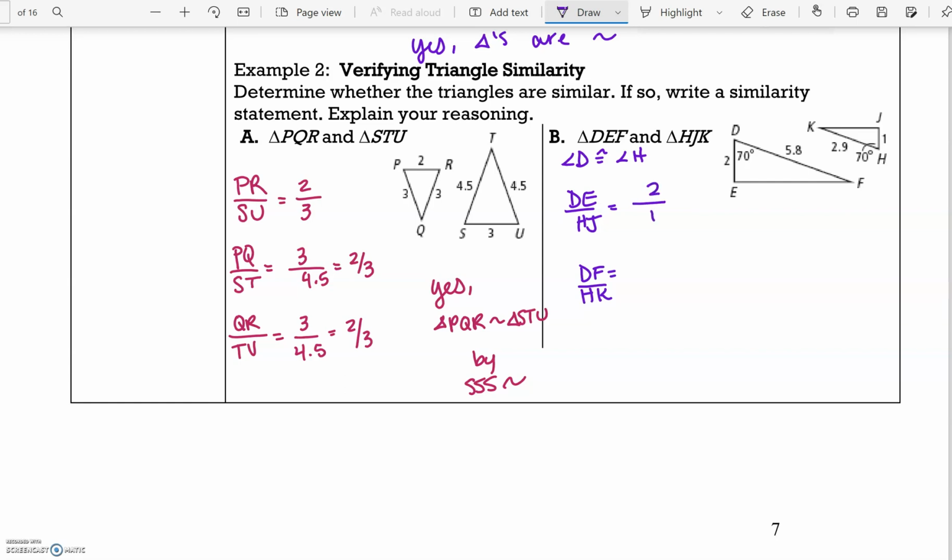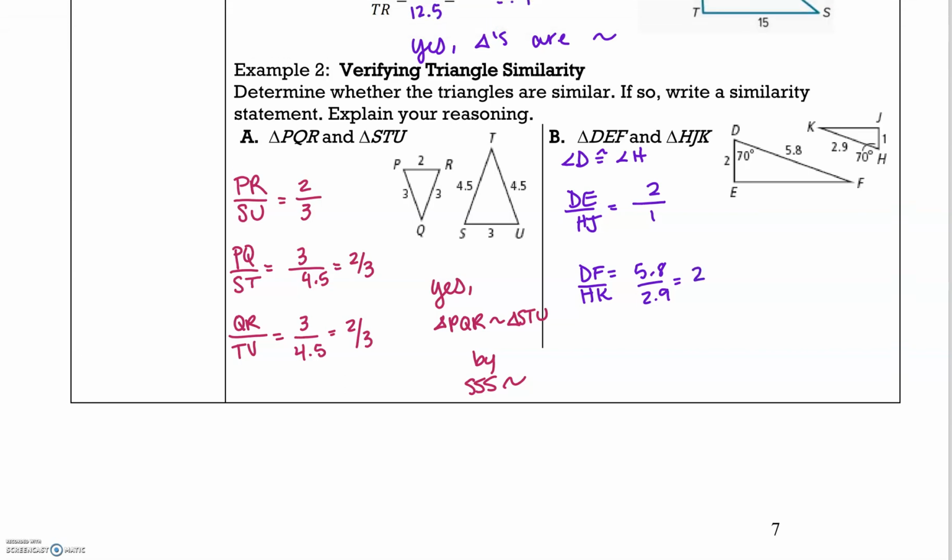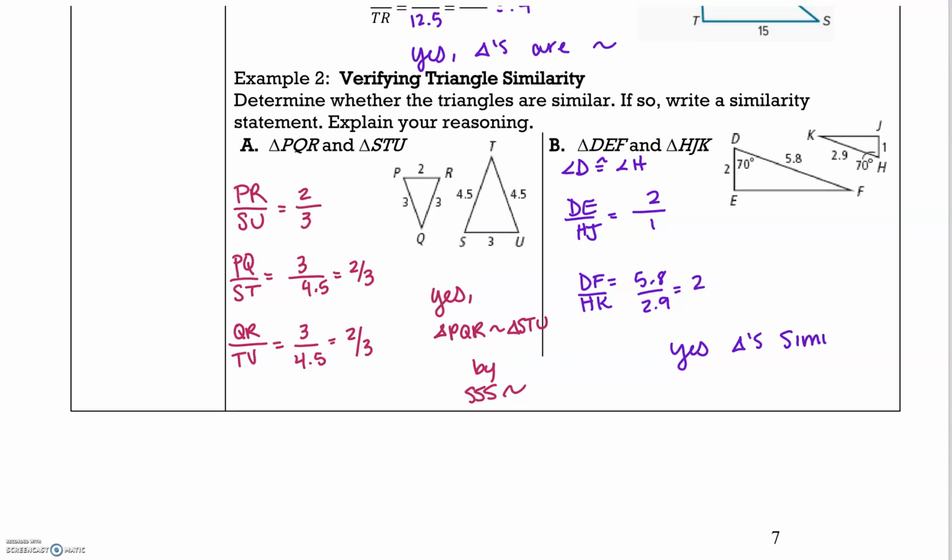So 2 over 1, 5.8 over 2.9, which is 2 over 1, or 2. So we have a side, an angle, and then a side. So yes, triangles are similar by side, angle, side similarity, so triangle DEF similar to triangle HJK.